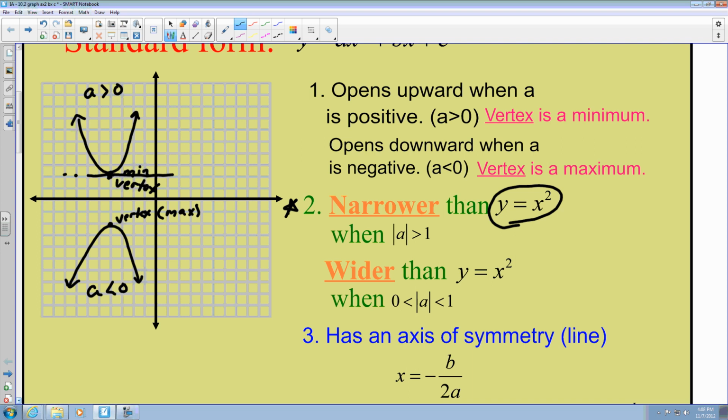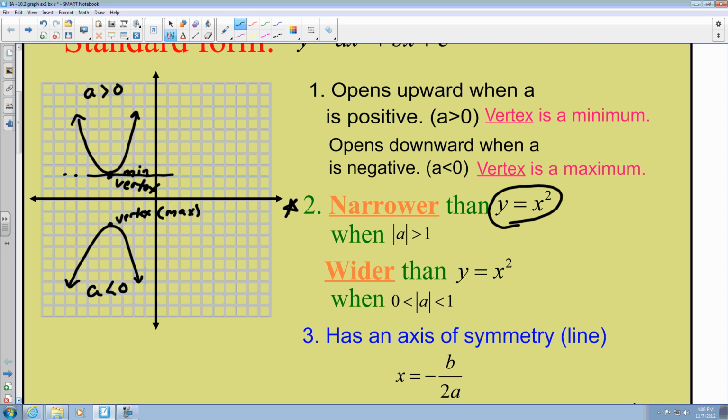And the wider ones, which show up as a is greater than 0 but less than 1, which means it's a fraction or a decimal, and we called those the other day a vertical shrink.